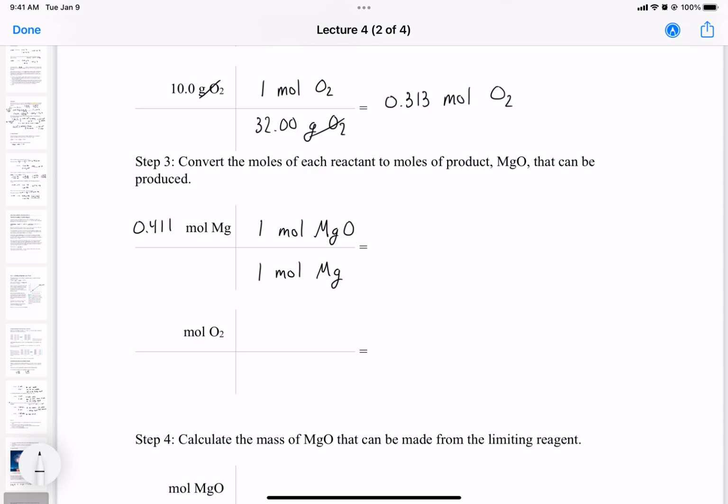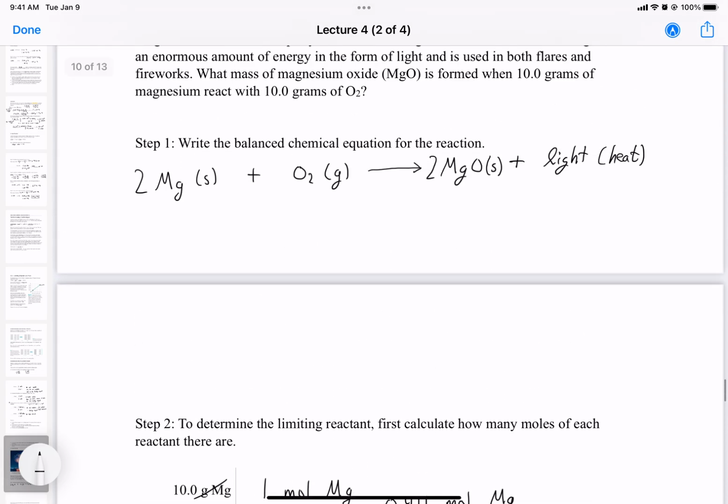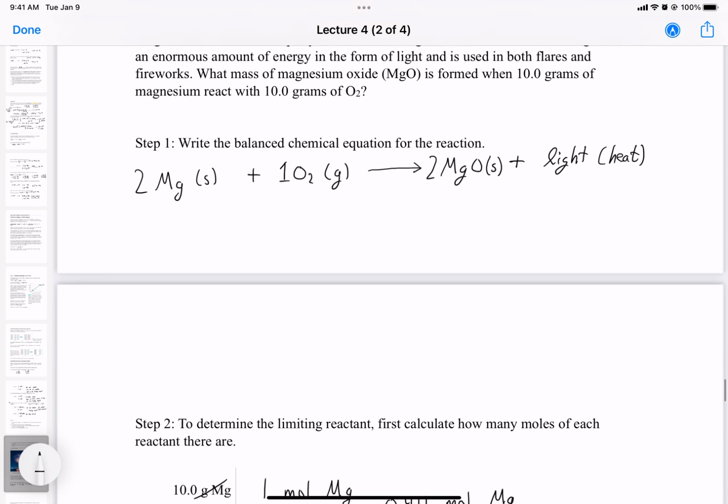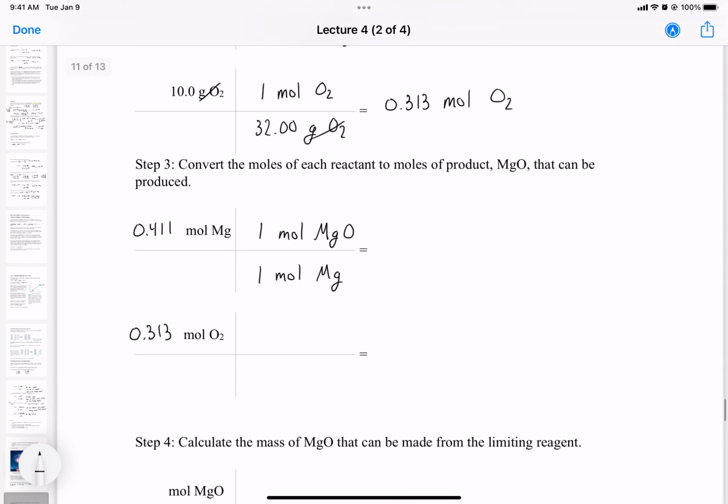Now let's write the ratio for oxygen. We have 0.313 mole of oxygen. Going back to our balanced equation, we require 1 mole of oxygen. There's an imaginary 1 here. So we're going to have 1 mole of oxygen per 2 moles of magnesium oxide. So 1 mole oxygen to 2 moles magnesium oxide.